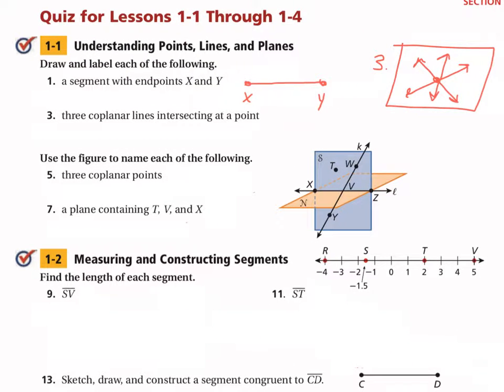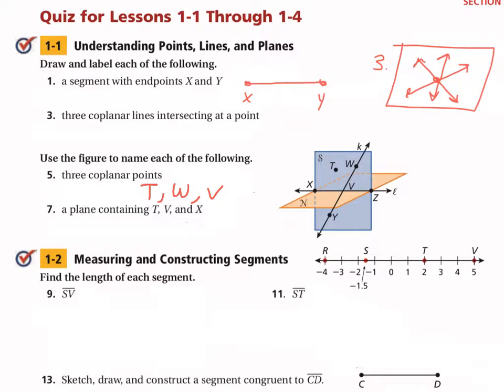Number 5. Use the figure to name each of the following. So 3 coplanar points. We can look at plane S, the blue plane, and pick 3 points on the plane. So we have point T, point W, and point V that are all on plane S. What is a plane containing T, V, and X?